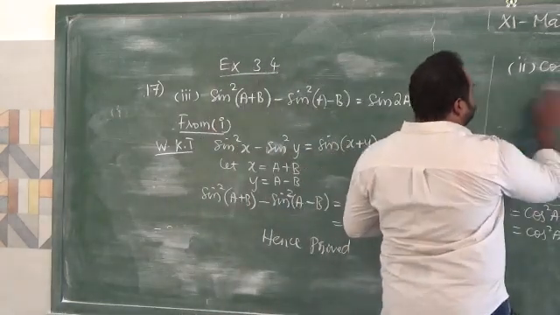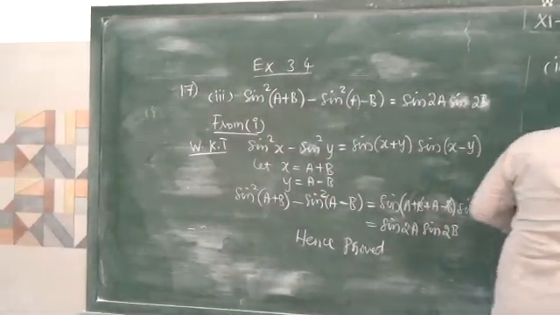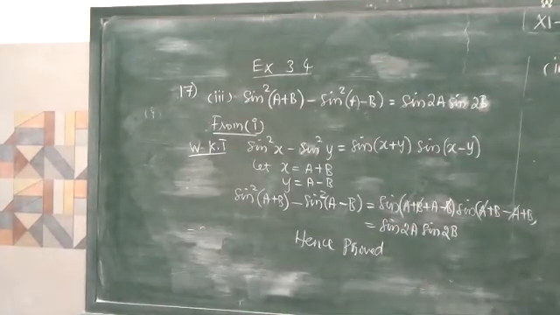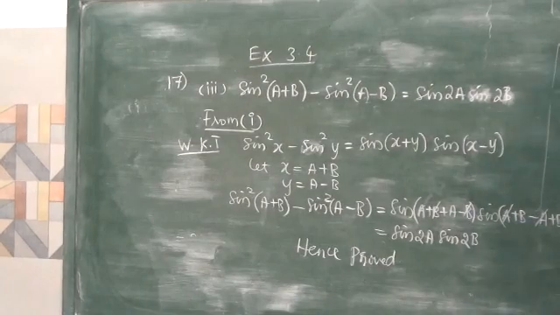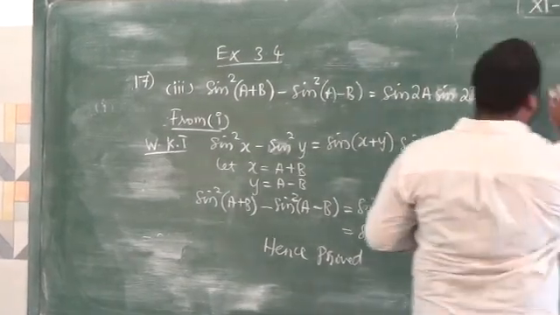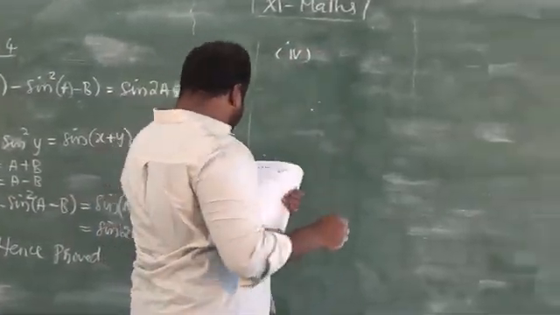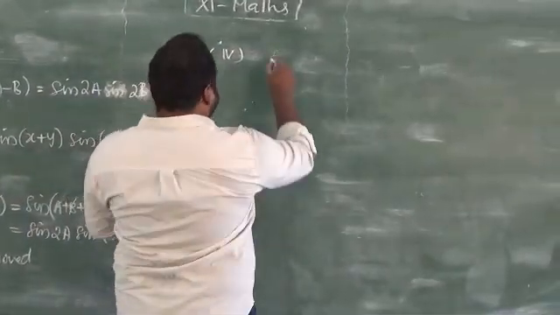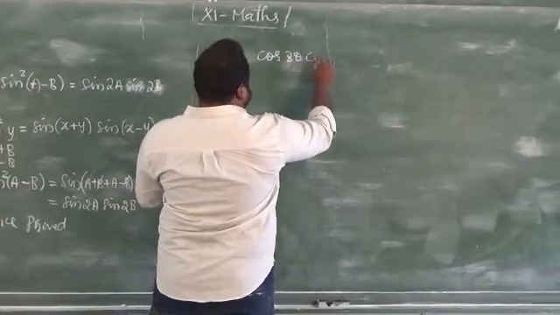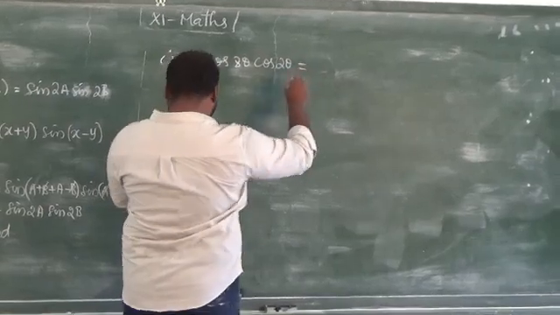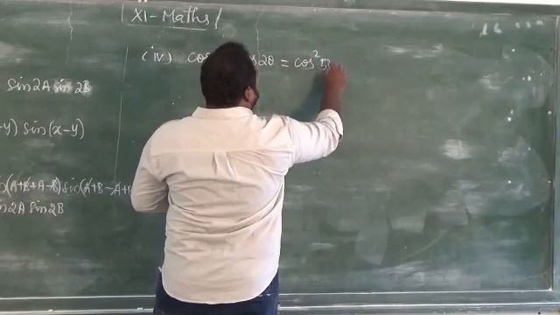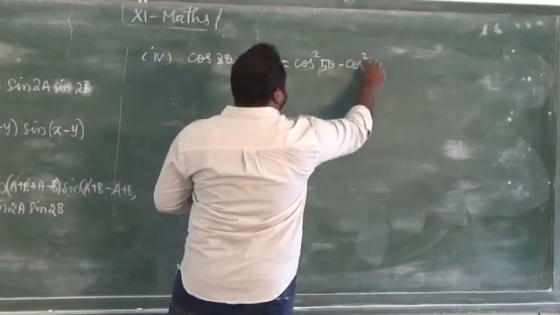Next, subdivision number 4: cos 8 theta cos 2 theta equal to cos square 5 theta minus cos square 3 theta.